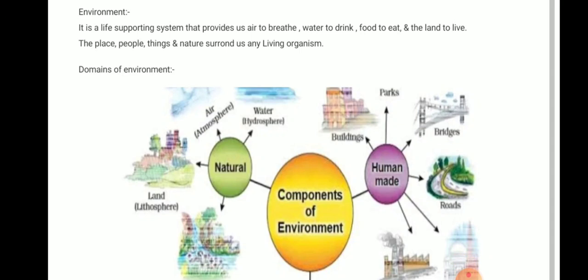With air, we can breathe easily, water we drink, food we eat, and the land to live. Environment is also the place, people, things, and the nature that surround us, or we can say that surround any living organisms.